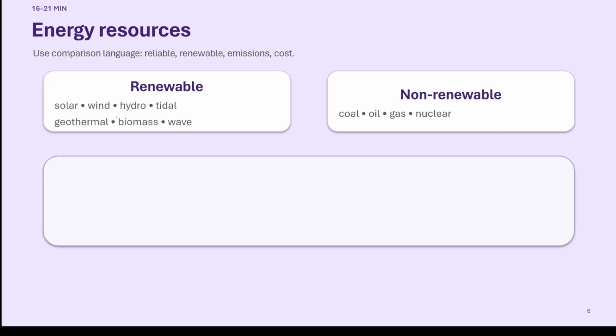The advantages: they're not going to finish. They do not have any carbon dioxide emissions, but they're not reliable. The non-renewable resources are going to finish; they are finite. Finite means they're going to finish one day. So these finite energy resources like coal, oil, gas, nuclear are reliable.